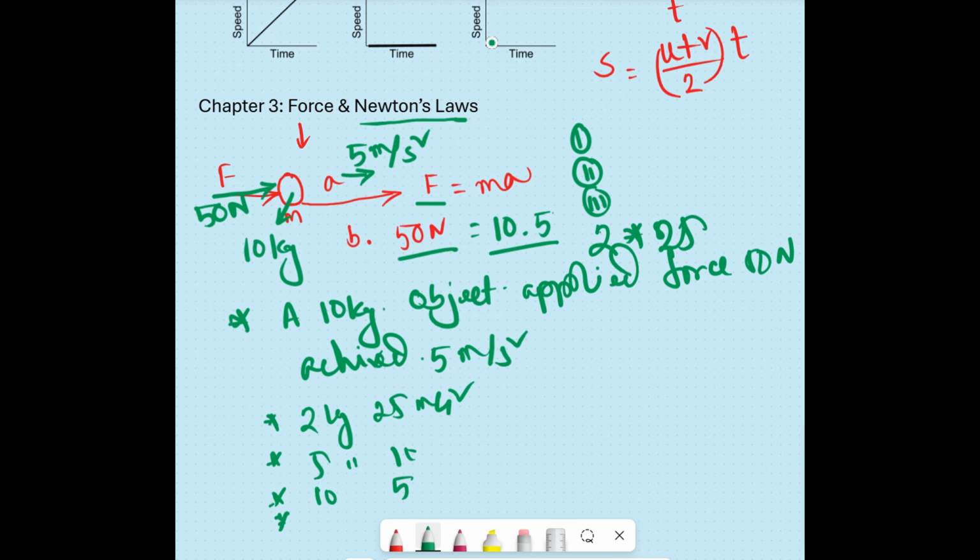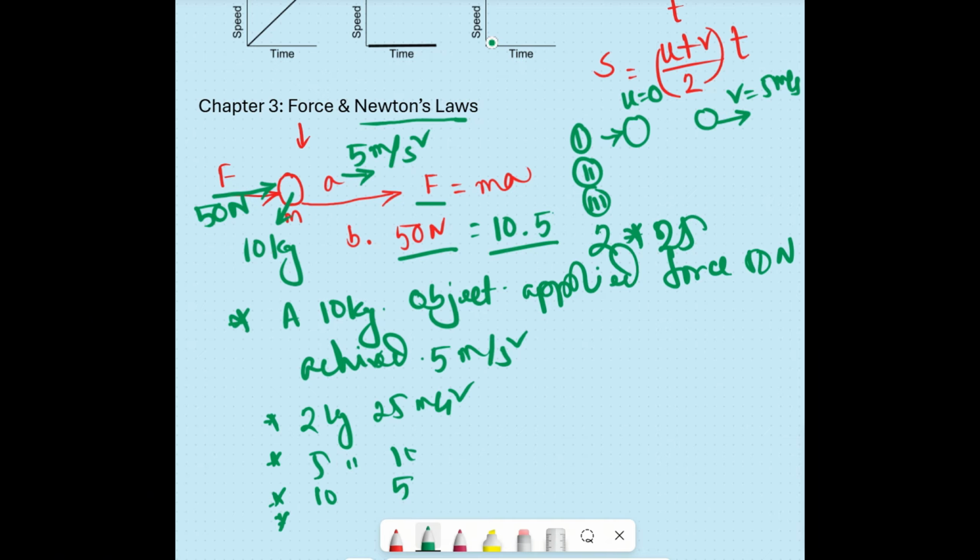It means if there is an object, it will remain static unless there is an external force applied. Vice versa, an object that is moving has a velocity, say 5 meters per second. It will continue moving unless an external force is applied to stop it.